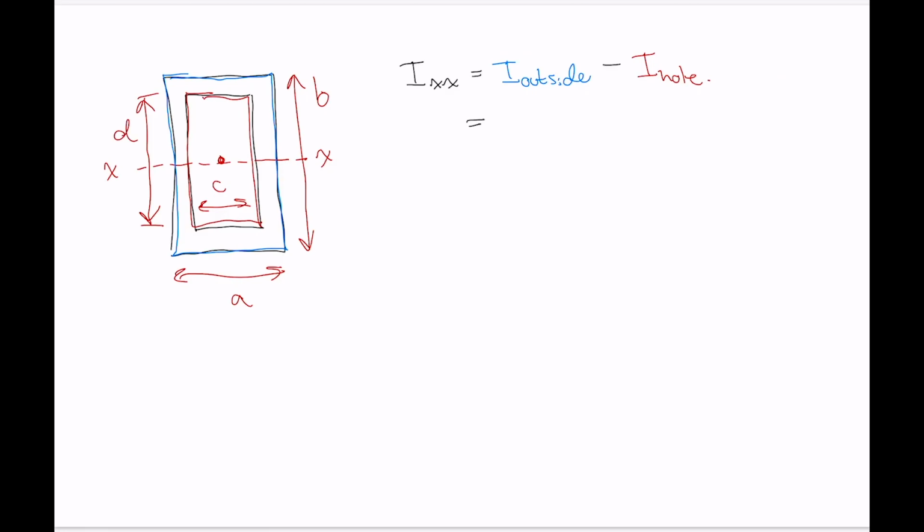So the way this would play out would be, for the outside, we'd have 1/12 and then our base and our height cubed, and then we'd be subtracting 1/12 our base and our height cubed. So we're straight up doing, in here, I is the summation of individual I values for the component shapes that make up the cross section.